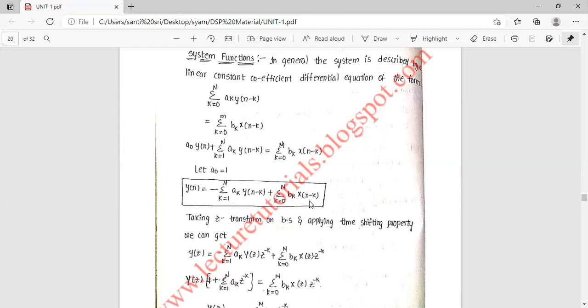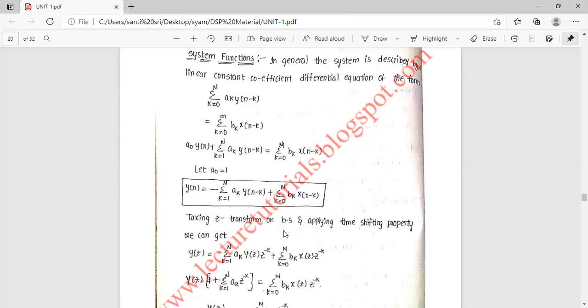Let a naught be 1, okay, so it will become y of n equal to minus sigma k equal to 1 to n ak into y of n minus k plus sigma k equal to 0 to m bk into x of n minus k. This is the linear constant coefficient differential equation.